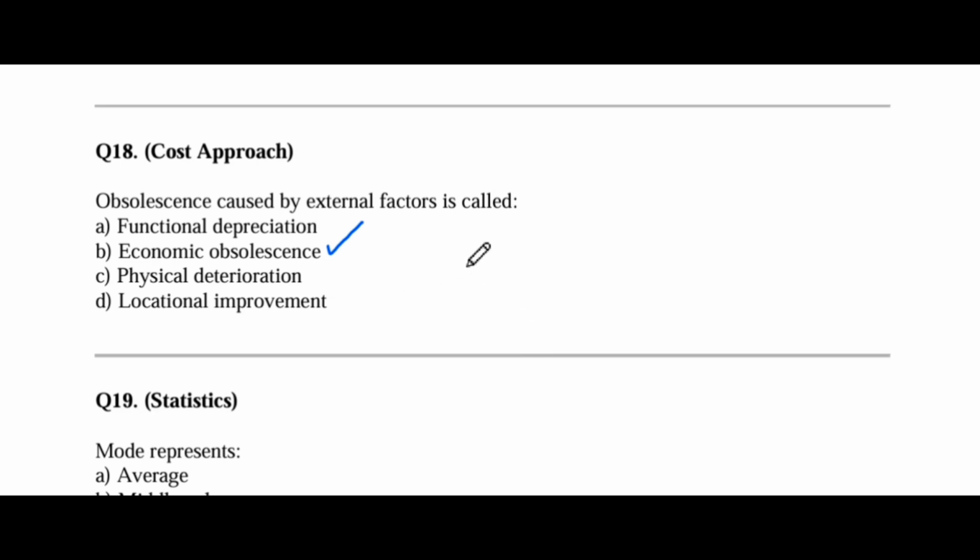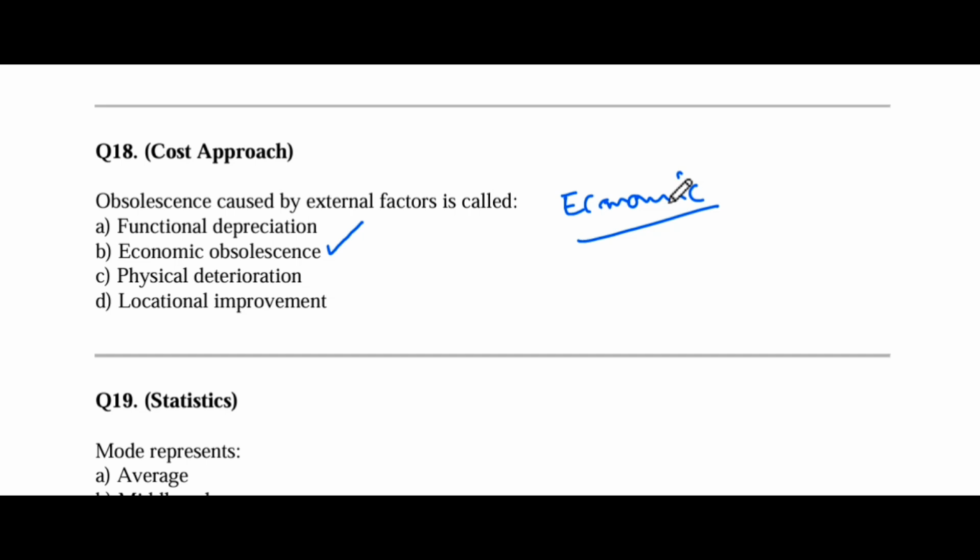So first let us discuss economic obsolescence. I am explaining the types of obsolescence. The first one is very famous, economic obsolescence. The main cause for economic depreciation of the land or property is factors external to the property itself, which are beyond the control of the property owner.